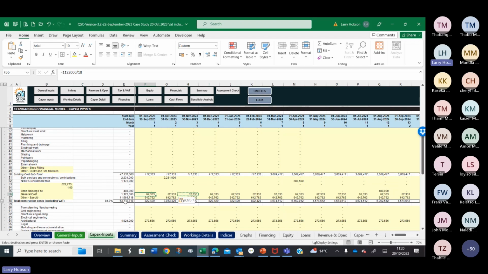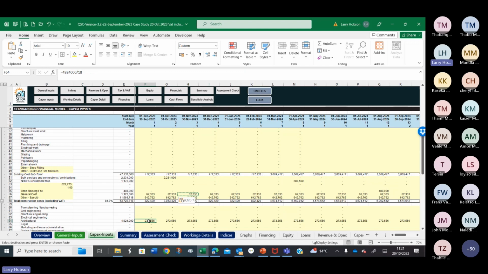There we get back to the total I'm looking for. And then the other one at the bottom was a balancing number to get to the figure I wanted for the total cost.